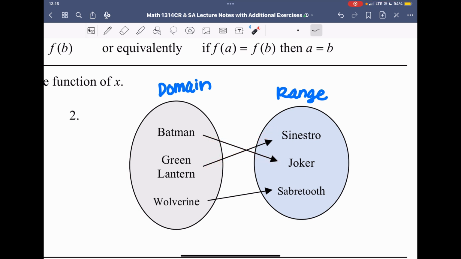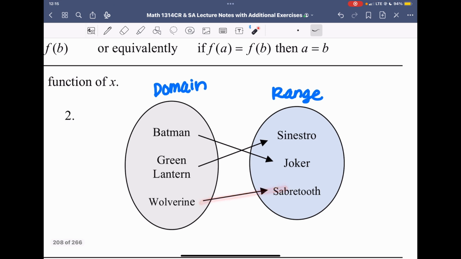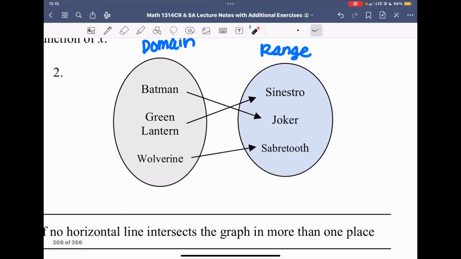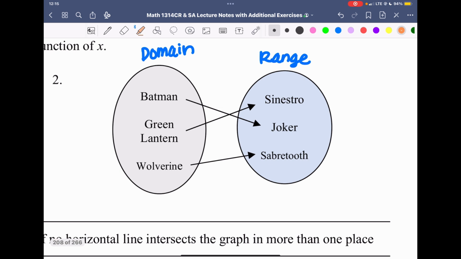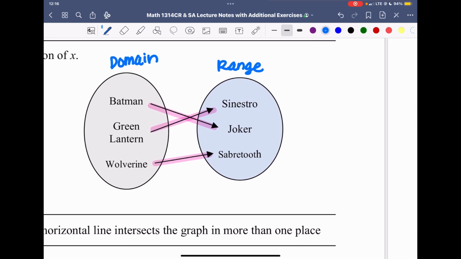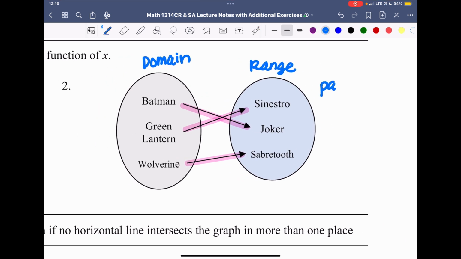I don't know how to say that. Wolverine goes to Sabretooth. So we do not have any duplicate. Let's highlight it just to make sure. I do not see any of these lines going to more than one y, and I do not see the y going to a different x. So this is an example of a pass of one-to-one.